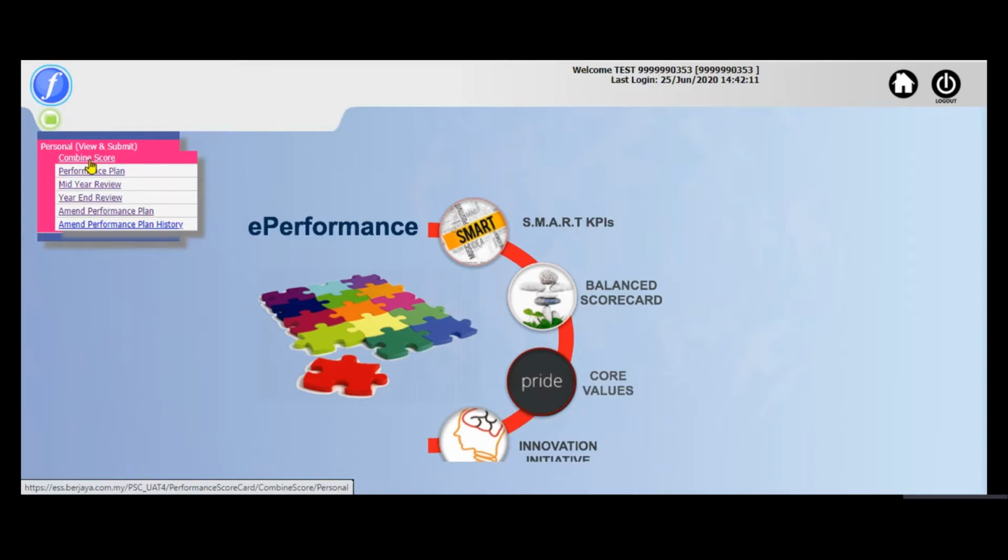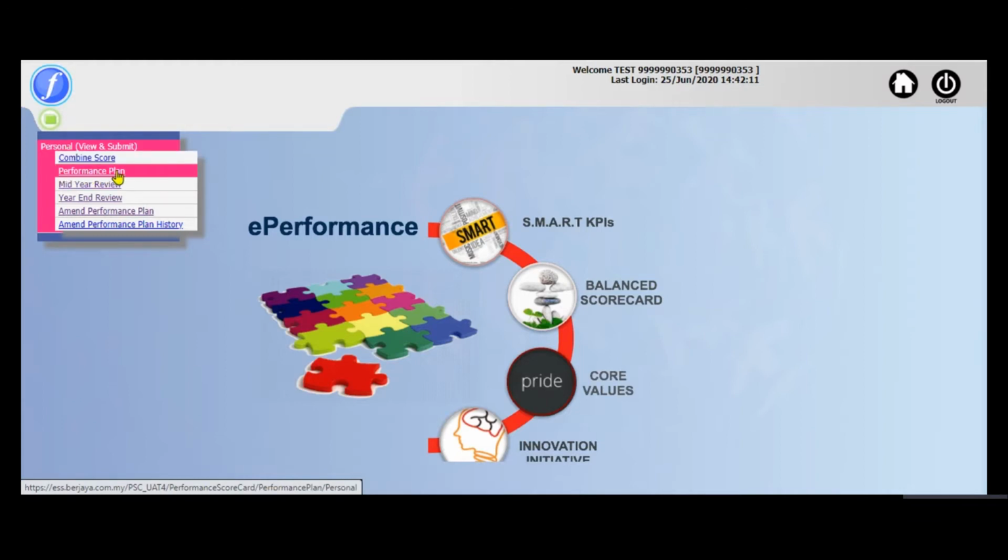Very rare, because in normal practice, our transfer and promotion are effective January, not June or July of the year. So if you experience such special career progression, do let us know so that we can assign you this function, because this function allows you to combine 2 different appraisal forms for your whole year performance assessment.